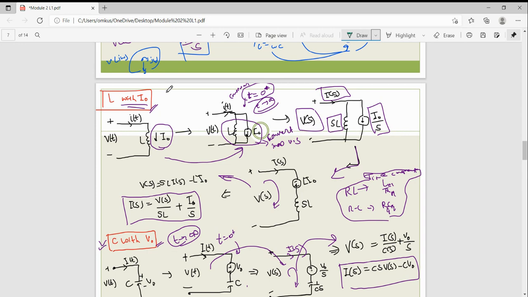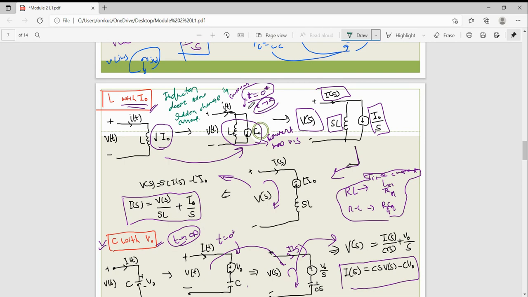Sudden change in current. So that means this current acts as a current source for this inductor. So that's why this current source is connected in parallel for any time instant for t tends to infinity.